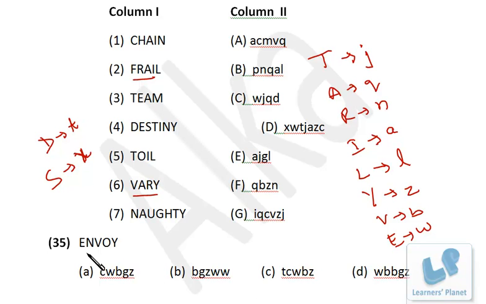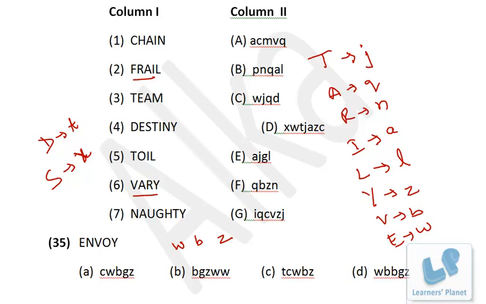Now the next is E N V O Y. E we already have, we should be having W. V should be B, right? Y should be Z. That means W, B, Z should be there among the options. Now friends, let's see.